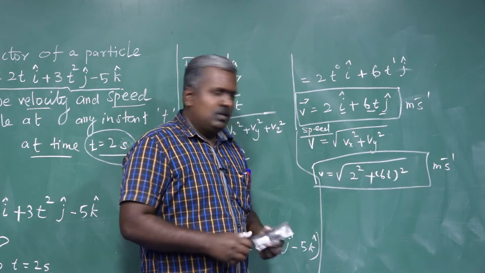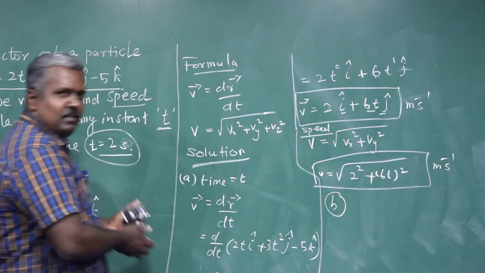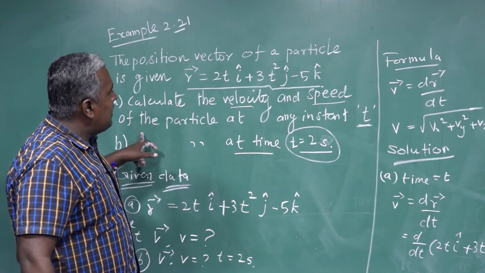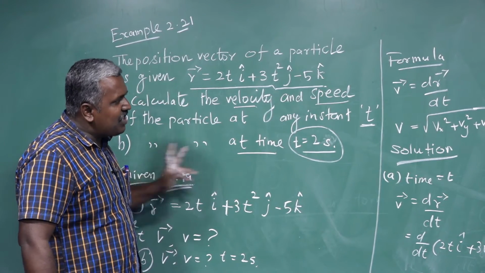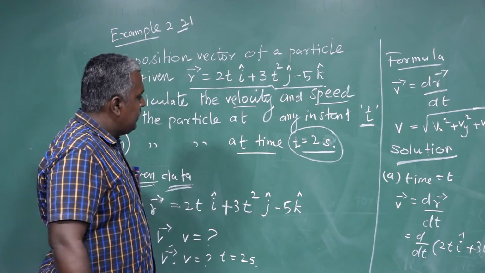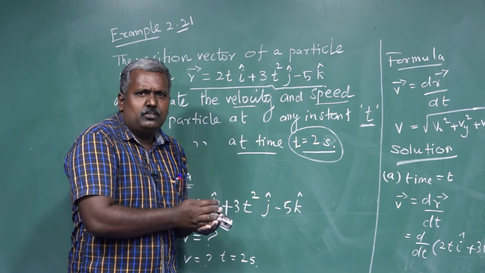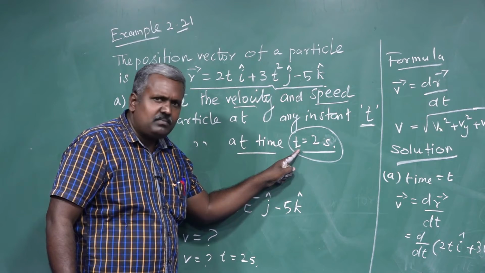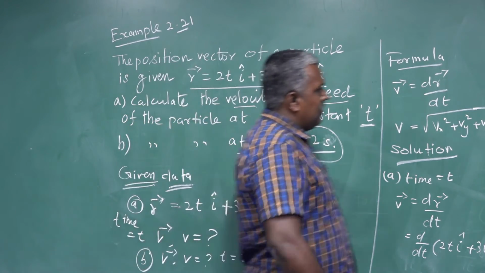Second one. Calculate the velocity and the speed of the particle at any instant t. Okay, calculated. Then at time t equal to 2 seconds, what to do? Yes, very good. We must substitute 2 seconds for time.